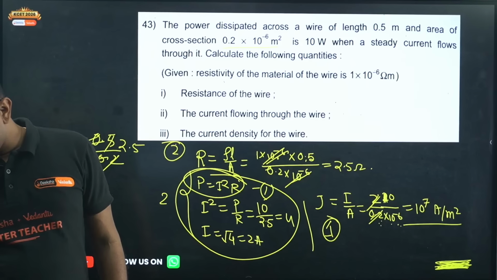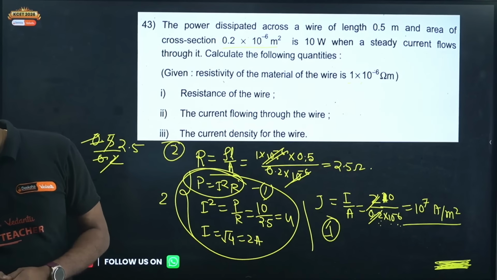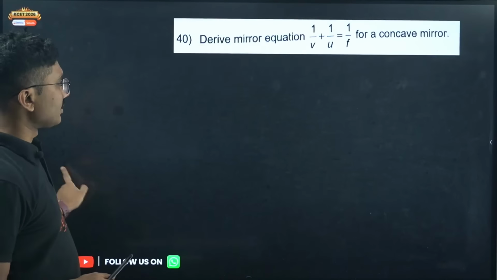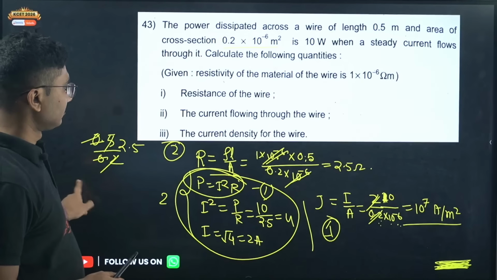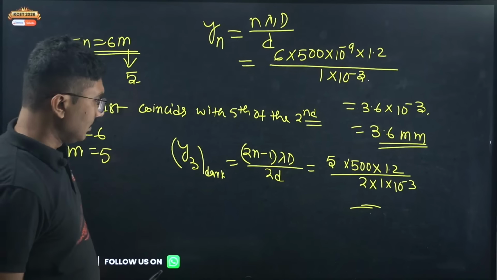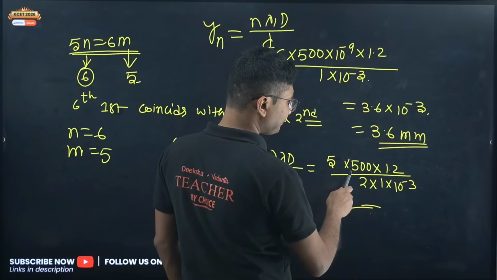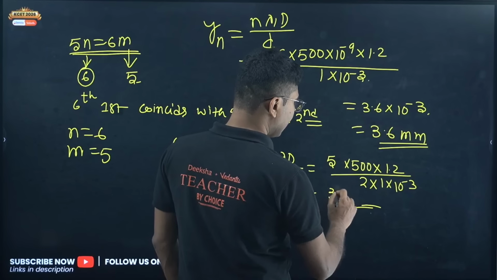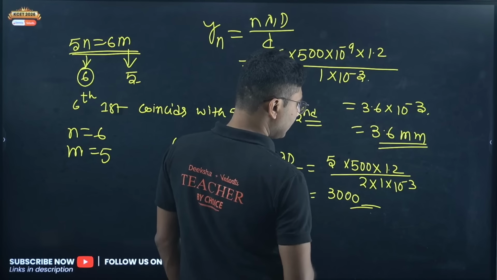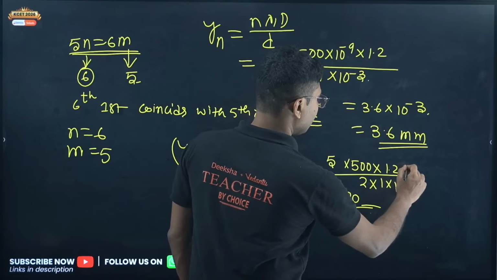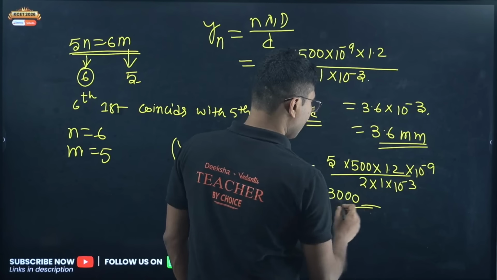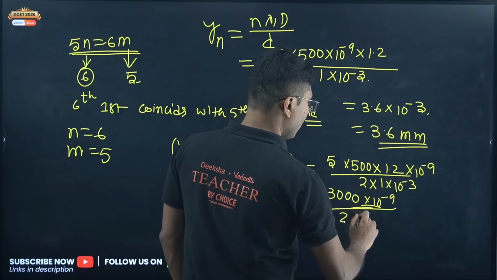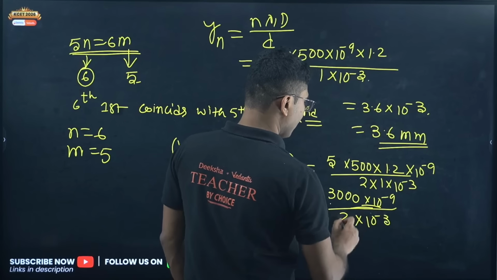Okay, sir, I got 1.8 instead of 1.5 millimeter. Let me see that once. So it will be 3,000 into 10 to the power of minus 9 divided by 2 into 10 to the power of minus 3.